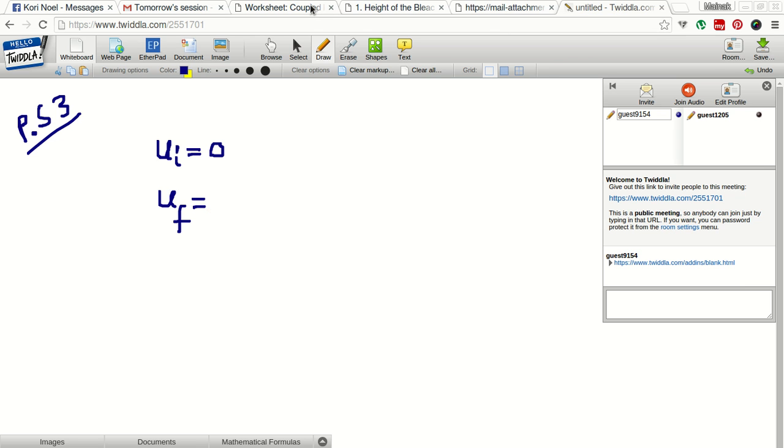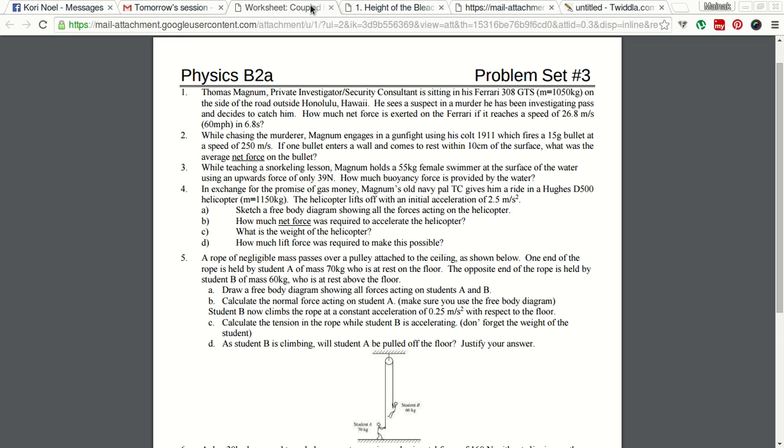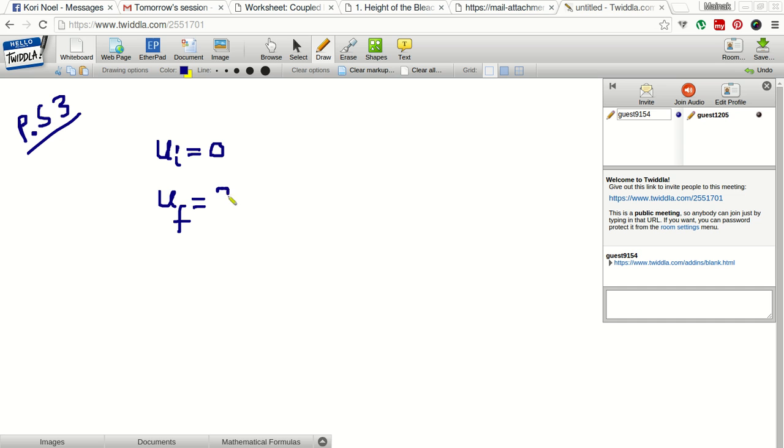Let me just look at the question. 26.8 meters per second. And what else is given? The mass, right? Yeah, the mass.